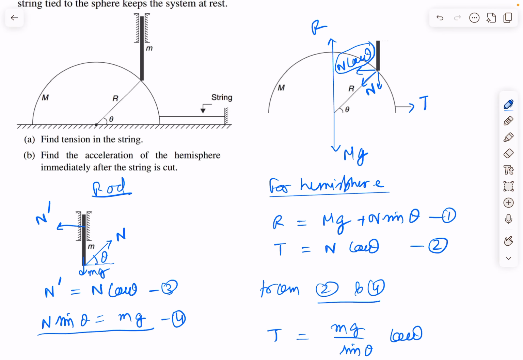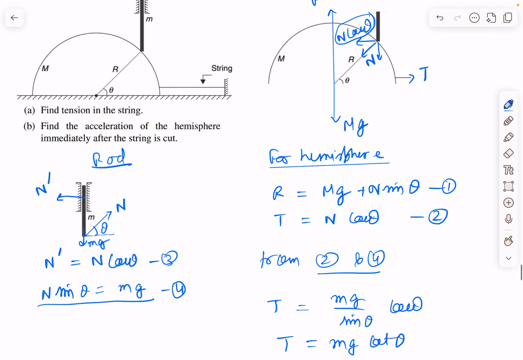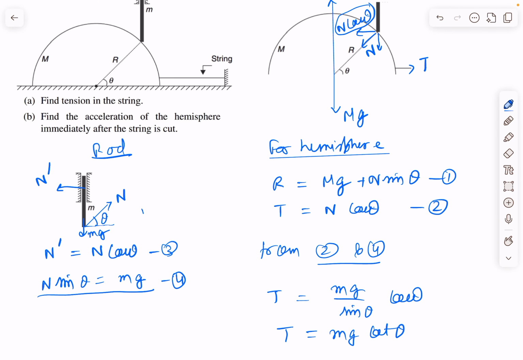The tension is no more there, so only n cos theta will be responsible for the acceleration of the hemisphere in the leftward direction. And for the rod, since it is now accelerating in the downward direction, from this free body diagram we can say that mg and the difference of n sin theta will cause the acceleration in the vertically downward direction.